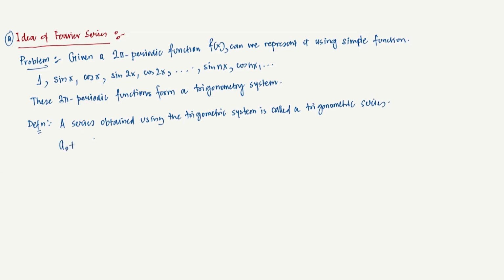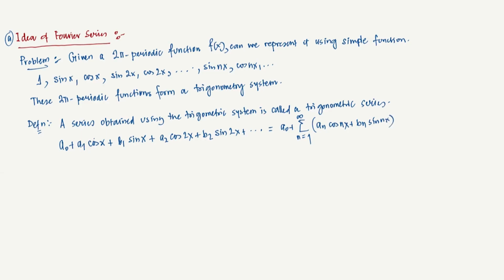We are looking for something like this: a0 plus a1 cosine x plus b1 sine x plus a2 cosine 2x plus b2 sine 2x, and it goes on, right? And you can make a shorthand notation of it. You can write it like this: sum from n equals 1 to infinity of an cosine nx plus bn sine nx. So that's a trigonometric series.